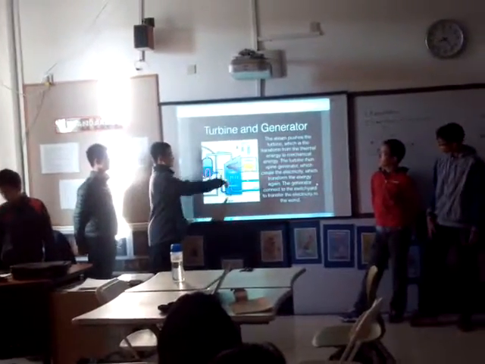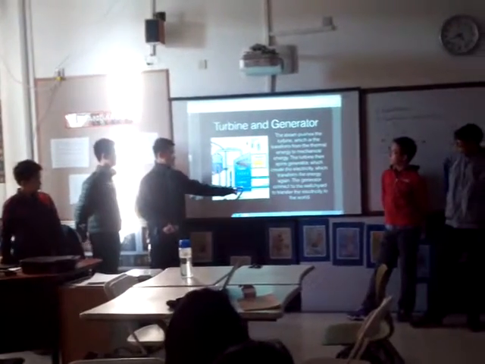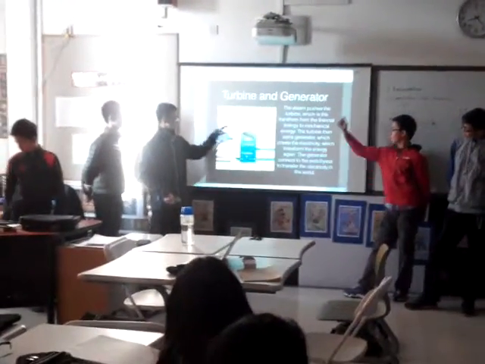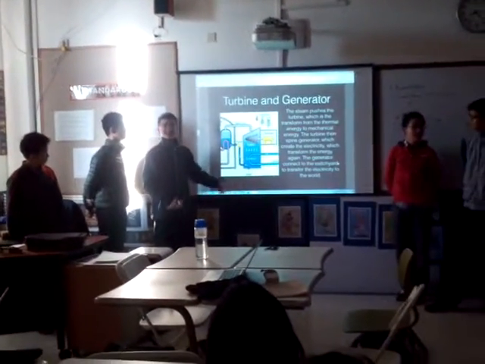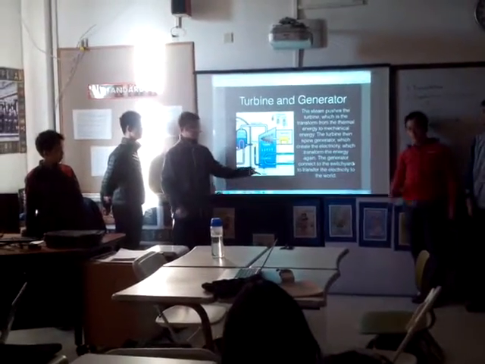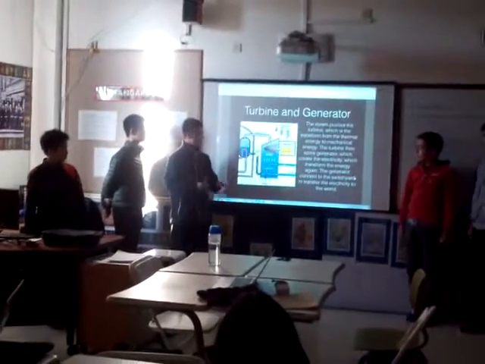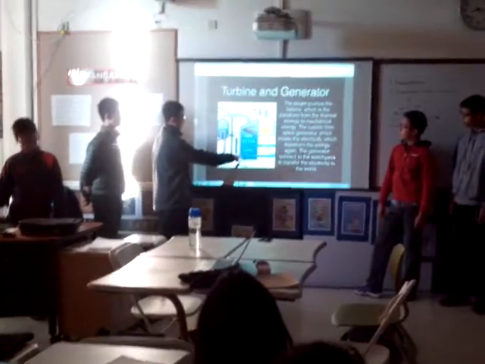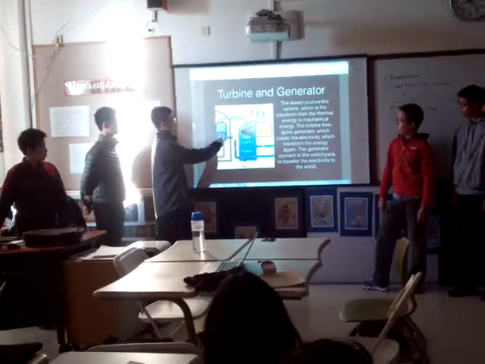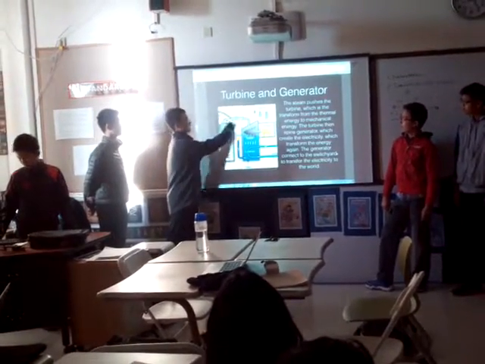And the steam then cools down back into water, which is where the condenser is, and it becomes water again and follows the pipe, goes through this pump and back into the steam generator, and it heats up again into steam.